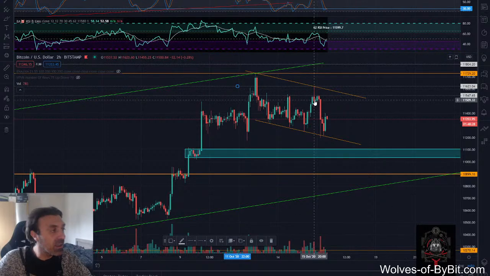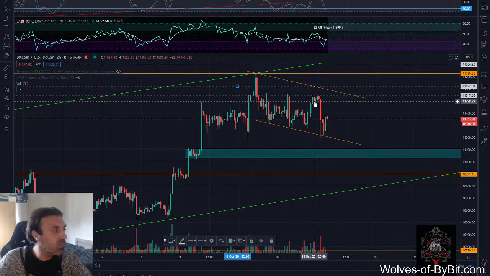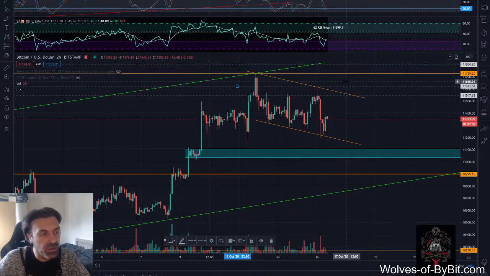The wick is at 11,623.6 on Bitstamp and on ByBit, I'm going to look at my other screen for this, 11,626.5. So it's pretty darn close, just a few dollars in difference, so we're not gonna quibble about that.